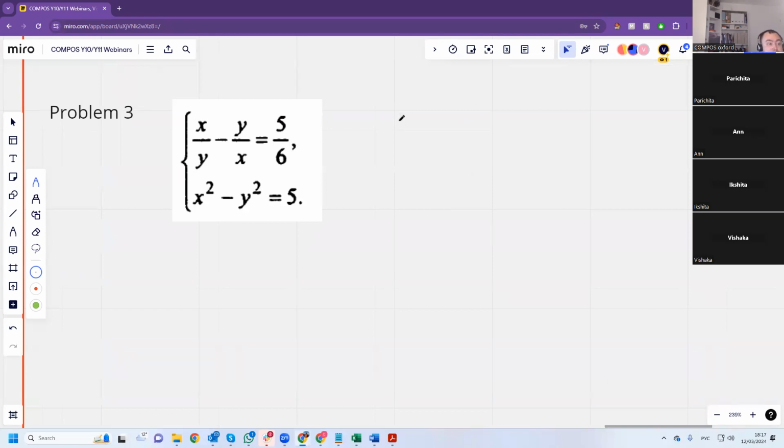You could do u is equal to x over y, and so the first equation becomes u minus 1 over u equals 5 over 6, and this is a quadratic equation. You can find u.